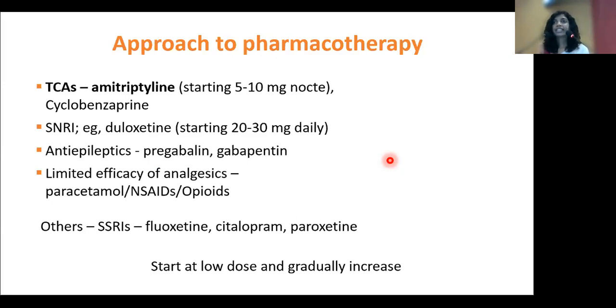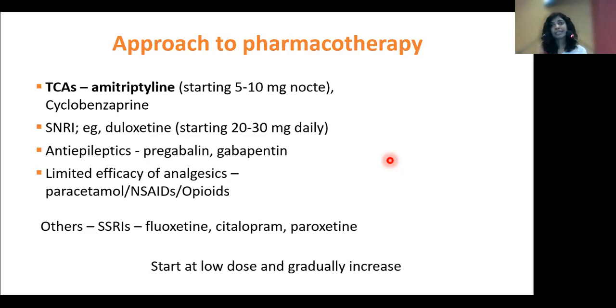So things that have been found to be effective: tricyclics, mainly amitriptyline. Cyclobenzaprine is sort of out of use. And of the anti-epileptics, the evidence is for pregabalin and gabapentin.